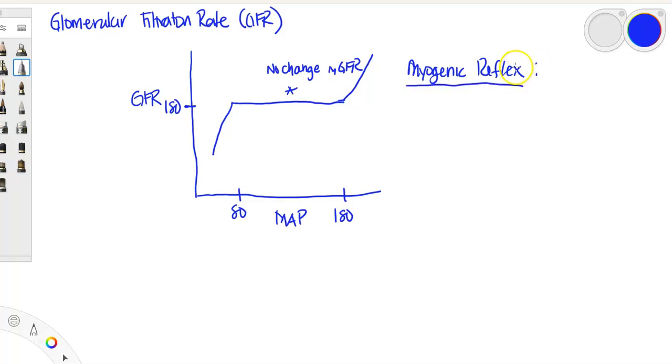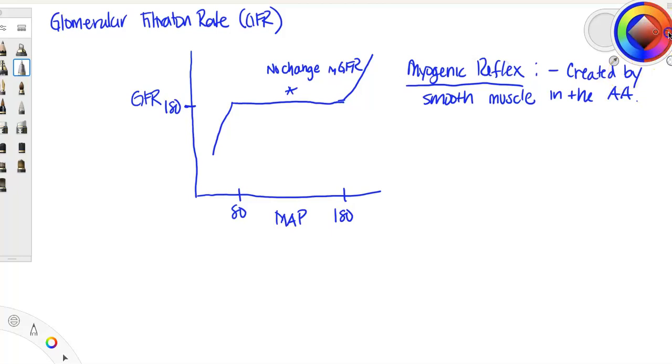So if you think myogenic, we're thinking muscle. So basically, this myogenic reflex is created by smooth muscle around the afferent arteriole.